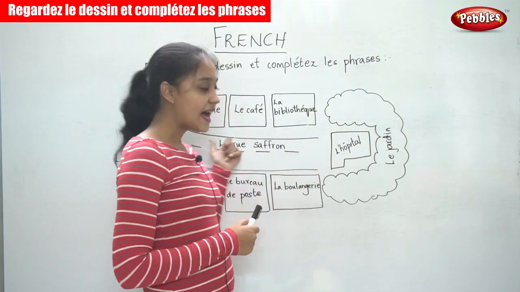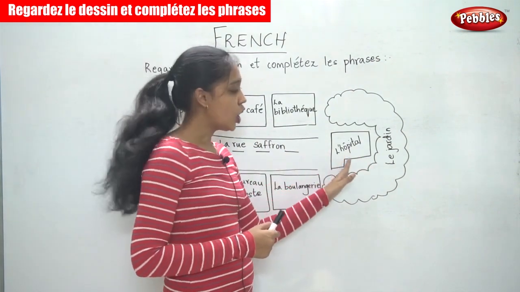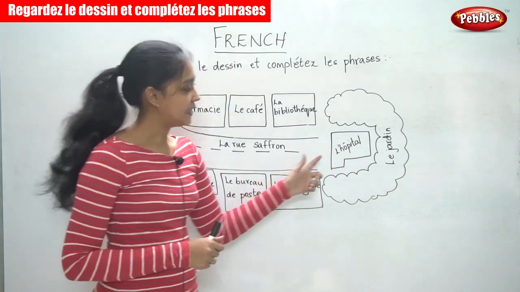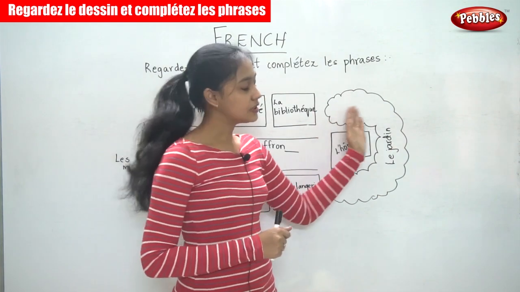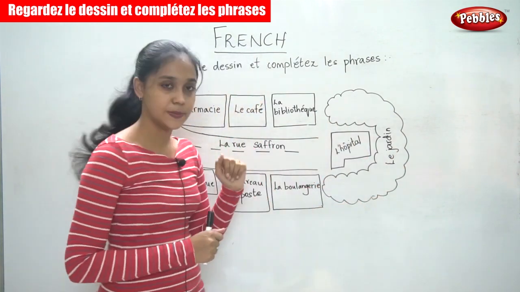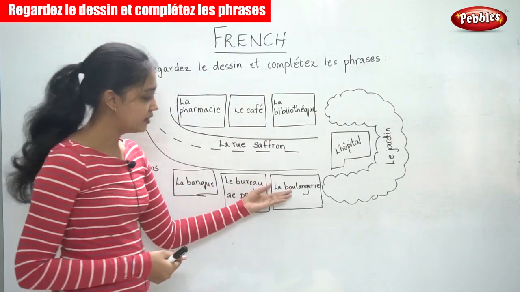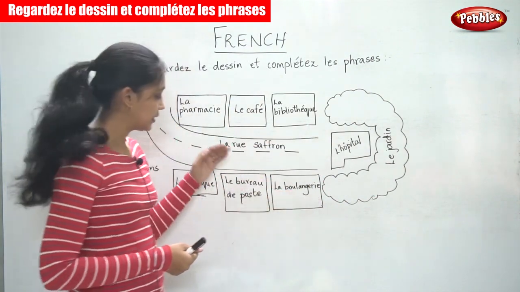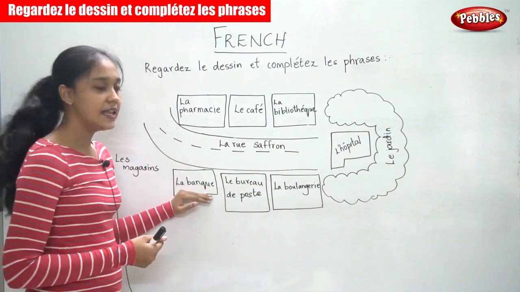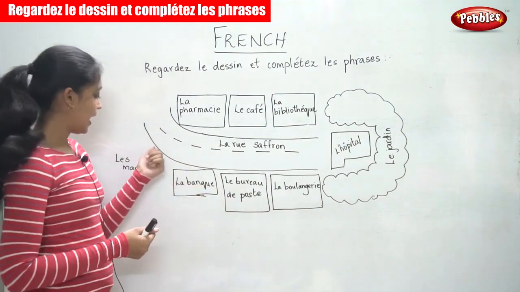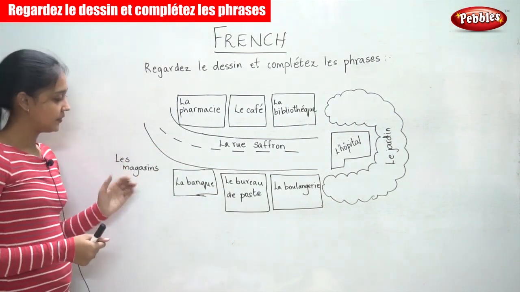And then at the end of the road you have l'hôpital, the hospital. And then you have le jardin. So the garden is surrounding the hospital. And on the other side of the road we have la boulangerie, le bureau de poste, la banque, and then in this end we have les magasins.